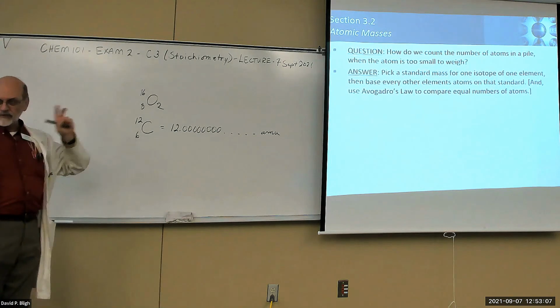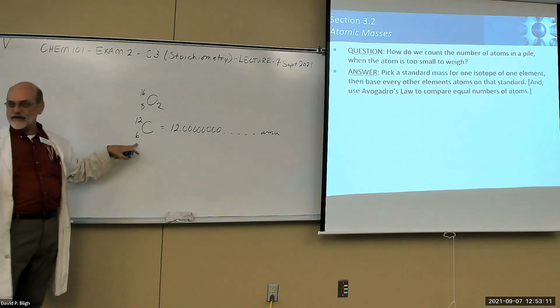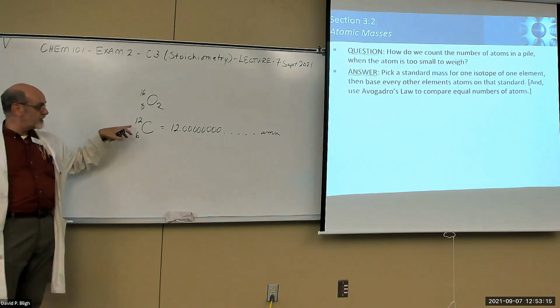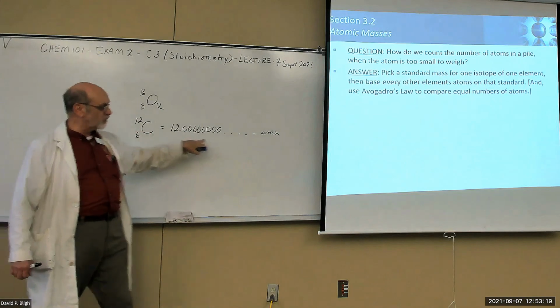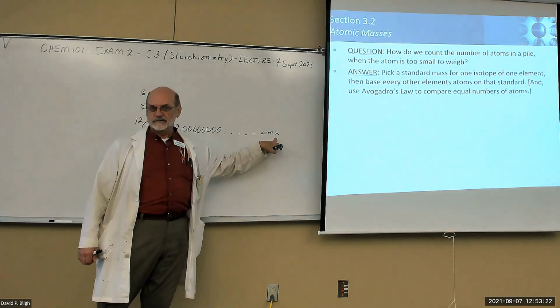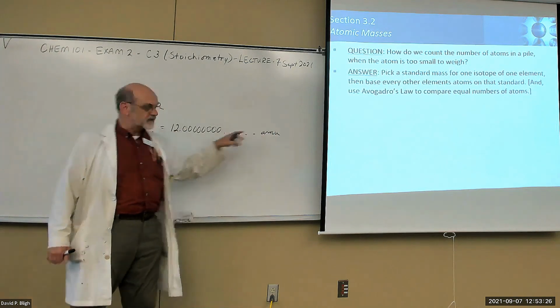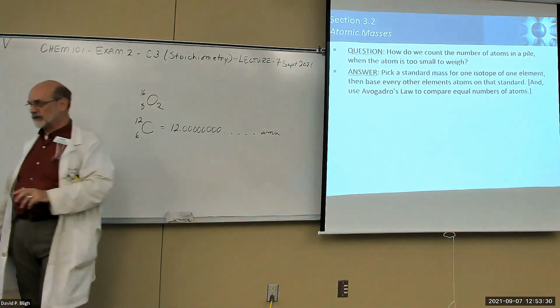Now, I know what you're thinking. We learned all that stuff about isotopes, right? Add the protons and neutrons together and you get the mass number. Well, now it's not just the mass number we're talking about for this isotope. It's the actual mass. Not the numbers of protons plus neutrons, but the atomic mass units that we're assigning to that isotope.